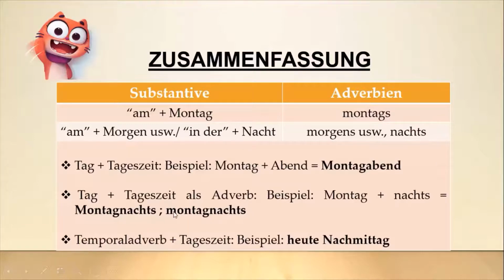Small m, small n. Why are there two possibilities? Because the first possibility is when you are starting the sentence with this word.